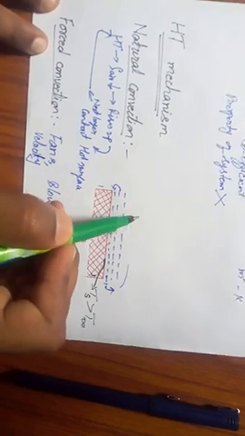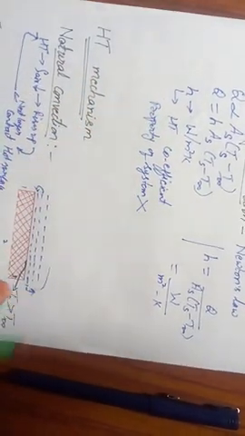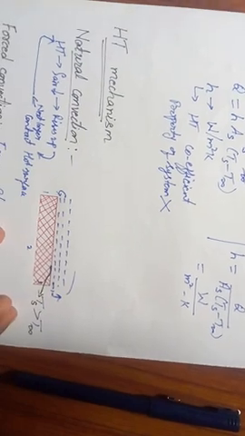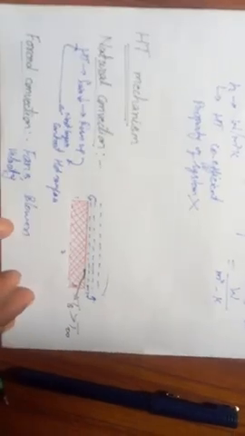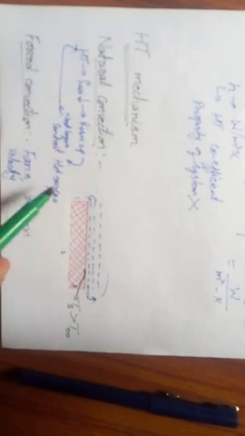In natural convection, we can directly use these equations provided all other surfaces are adiabatic, meaning there is no heat transfer. Then for only one surface I can easily use that equation. If there are more surfaces, I just go on adding the surface areas. That is the theoretical manner.